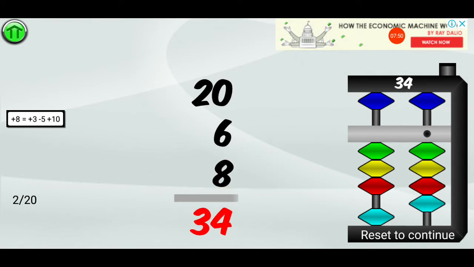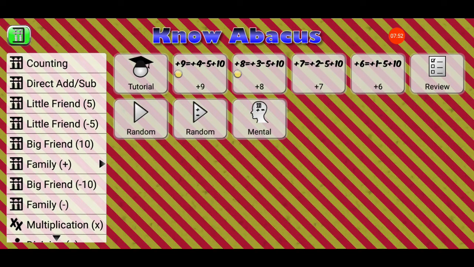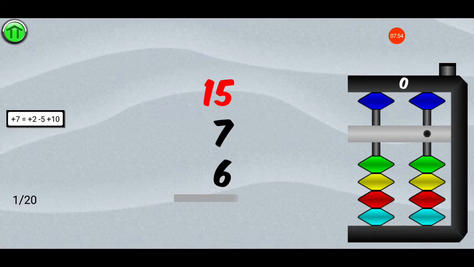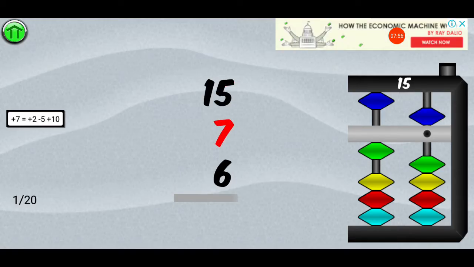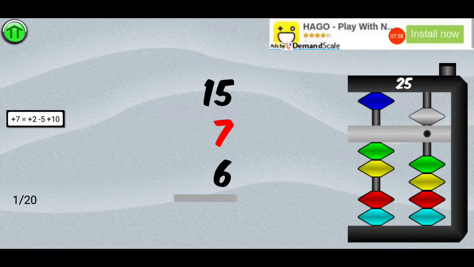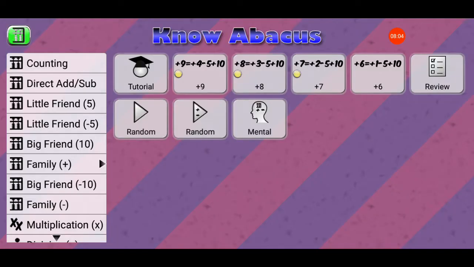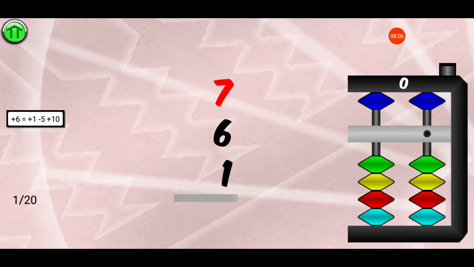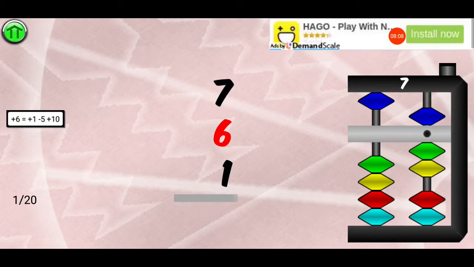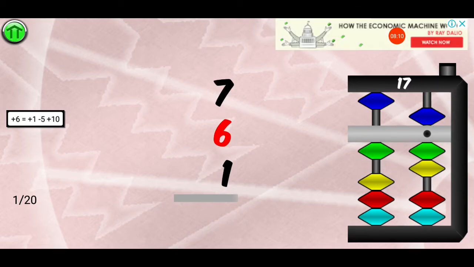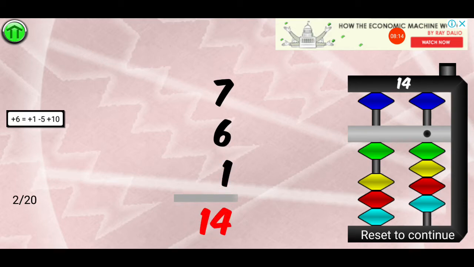Easy. Then next we do 15 plus 7 plus 10 minus 3 means up 2. Then plus 6. Then next 7 plus 6 plus 10 minus 4. Then plus 1, 14.